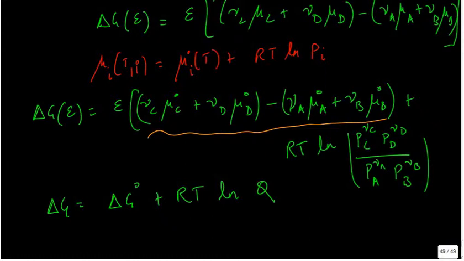Sir, what is the meaning of epsilon equals 1? So I say that my reaction just goes to some completion. Or you could say that this is the change for that small epsilon. So this is for a small unit of epsilon.